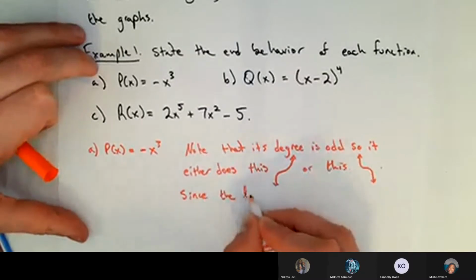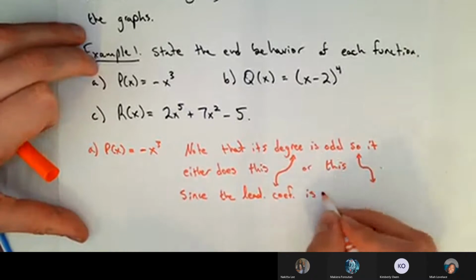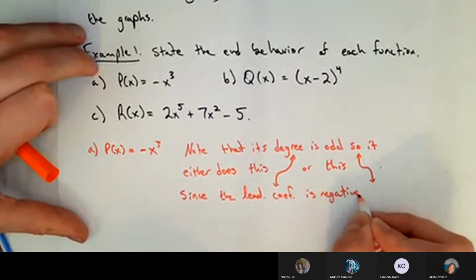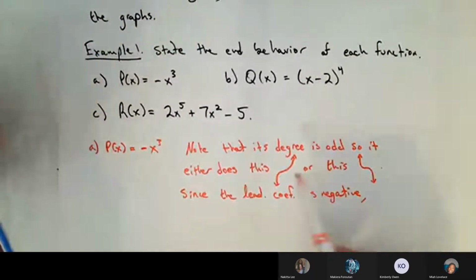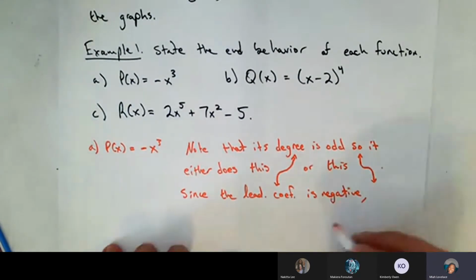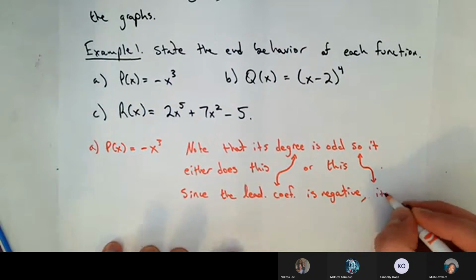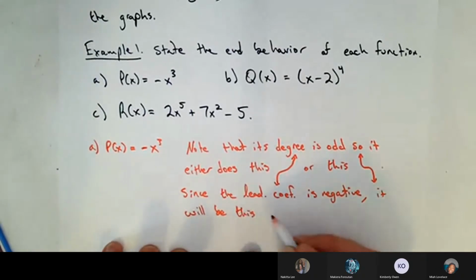Since the leading coefficient is negative, which one would it be? Anybody have any idea? Would it be the 1 or 2? That's right. Since the leading coefficient is negative, it will be this shape.